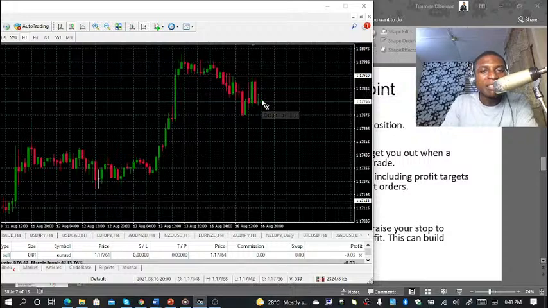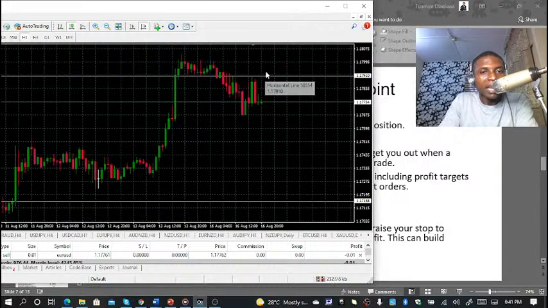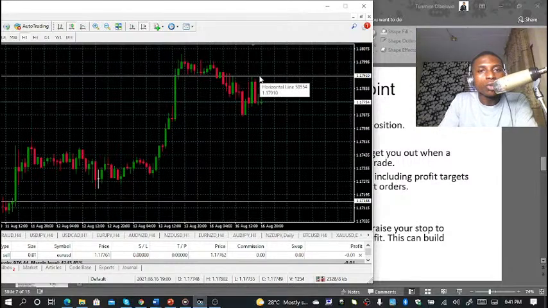Which means if this market goes against us up to this level, it will stop us out. If the market continues going up, we won't be in a losing trade anymore. We would have been stopped out at this level from losing, right? Now this is our exit strategy of stop loss, right?